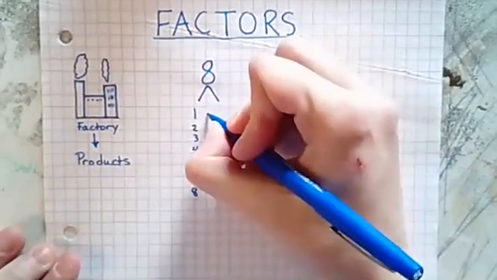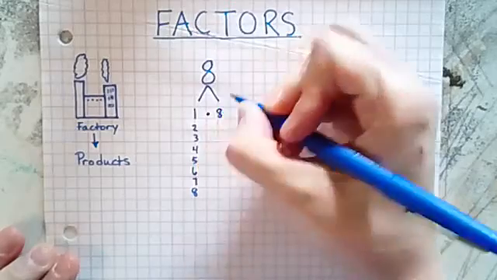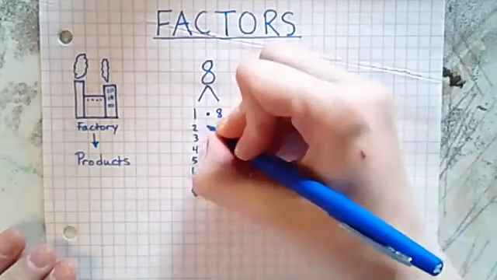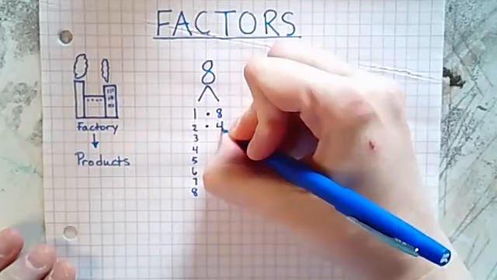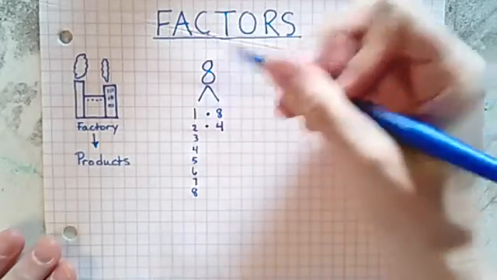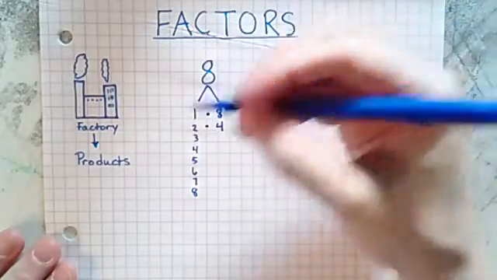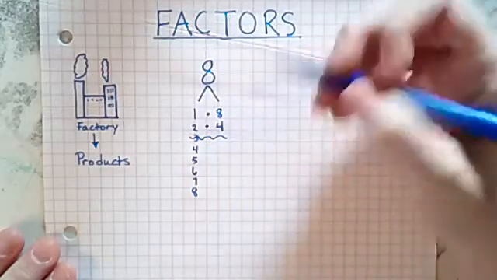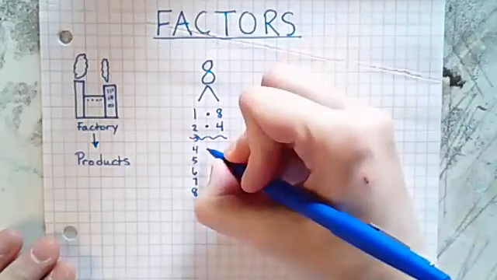So 1 times 8 is 8. Now 2 times what is 8? Yeah, 4. 2 times 4 is 8. Can we multiply 3 by anything to get 8? No, we can't. Okay, 4. 4 times what is 8? Yeah, 2.